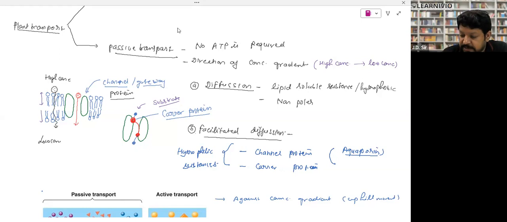It takes place in the direction of the concentration gradient.